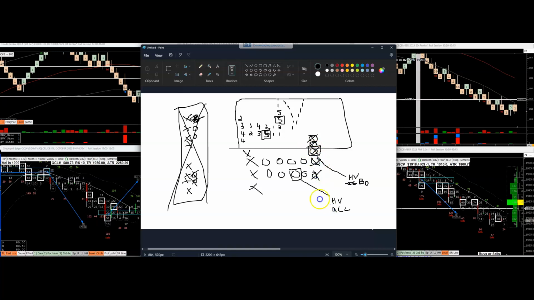Anyway, the X's and O's don't show you the amount of volume or the high volume, which is telling you there's something going on. So that's why, yeah, point and figure is great, but you really should have volume in those point and figures. It will be a far better, meaningful chart.